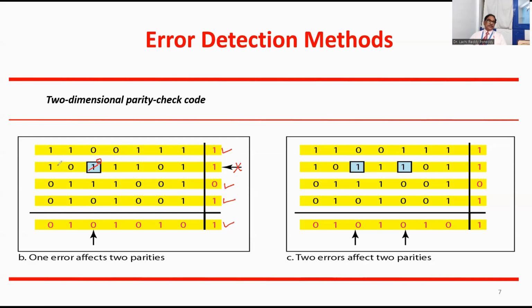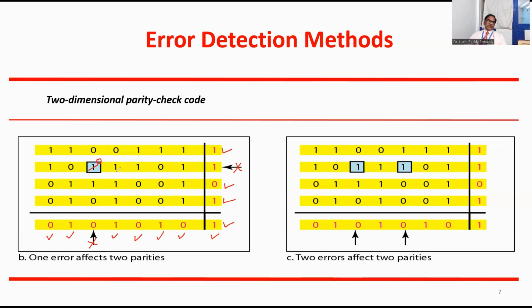Now column wise, first column even, correct. The second column even, correct. Third column, only 1 is there, so odd, so the third column is wrong. Fourth column, an even number of ones, correct. Fifth column, even, correct. Sixth column, even, correct. Seventh column, even, correct. Eighth column, even, correct.